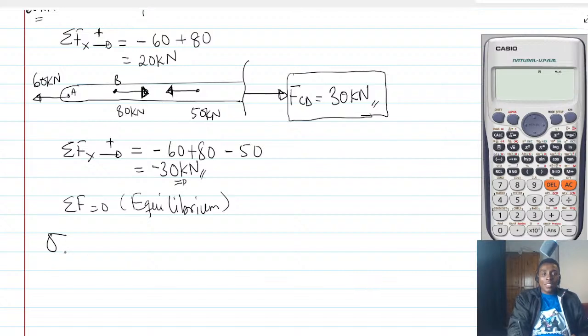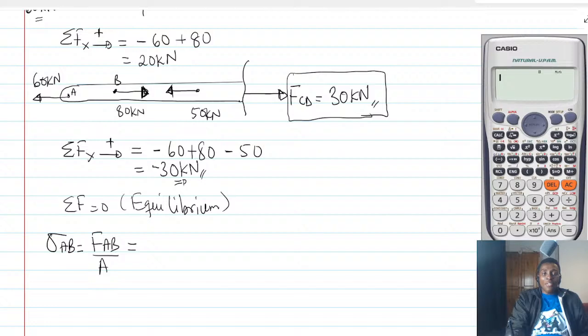So the normal stress in AB is going to be the force in AB divided by the area. Now it says that the area is actually constant. So it means that the area will not change. But we just have to change the force.